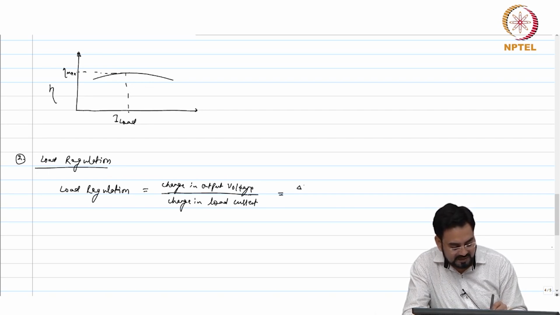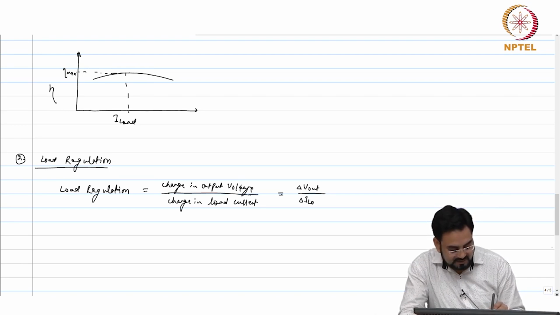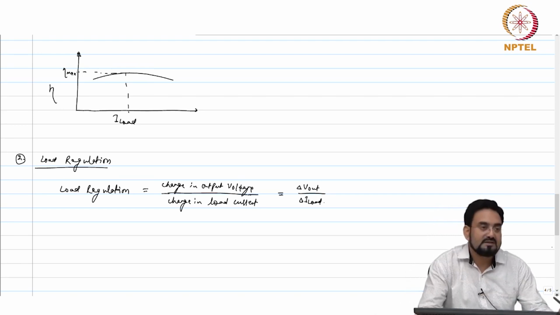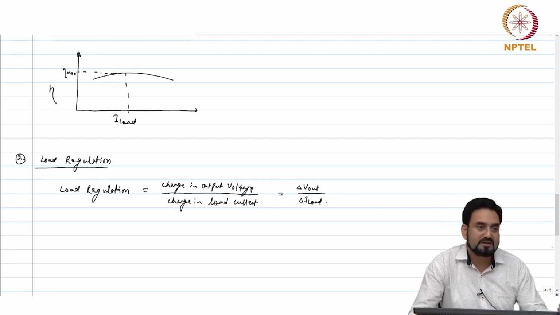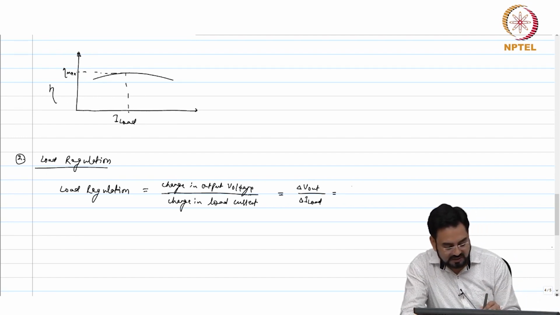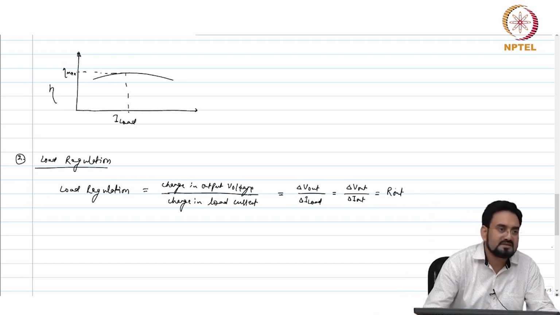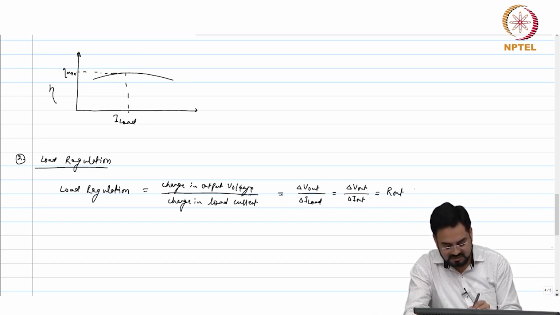So, if I say delta V out is the change in output voltage and delta I load is the change in load current, and I load is nothing but output current, this is nothing but output resistance in a small signal.